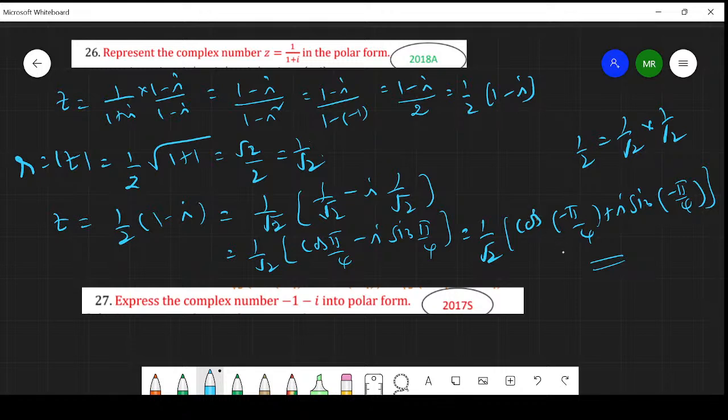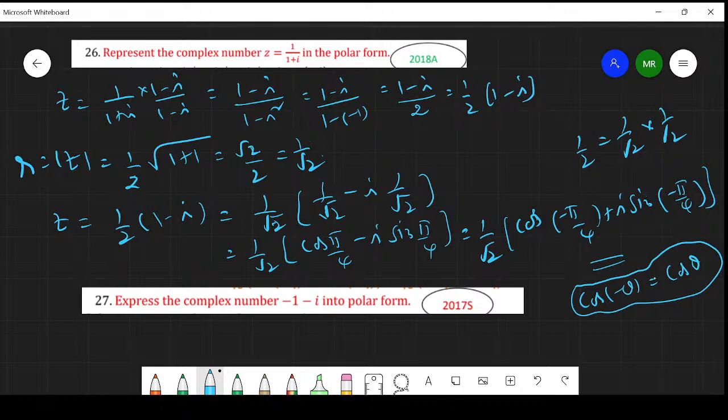Sir, how can you write this? Because we know cos of minus theta is cos theta. Remember that. That's the reason I have taken this here. Cos of minus pi by 4 is cos pi by 4 only.